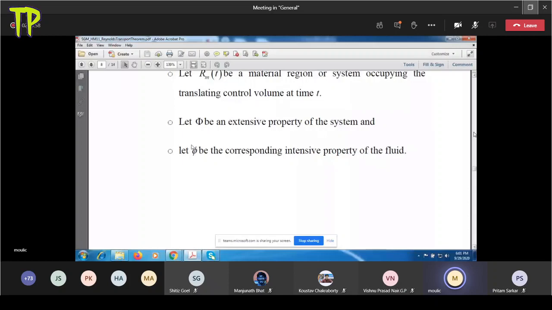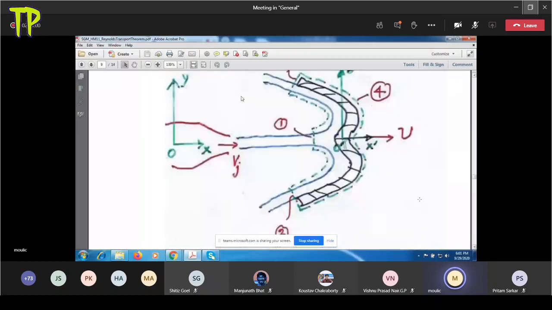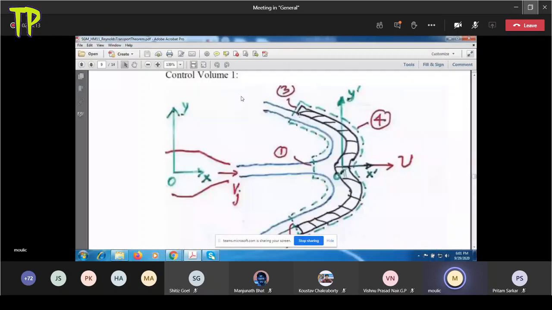As an example, I have considered this control volume shown by dotted lines, which is attached to the moving vane. So this is a translating control volume where section 1 is the inlet, section 2 is an outlet, section 3 is an outlet, and section 4 is the other side of the vane which is exposed to the atmosphere.